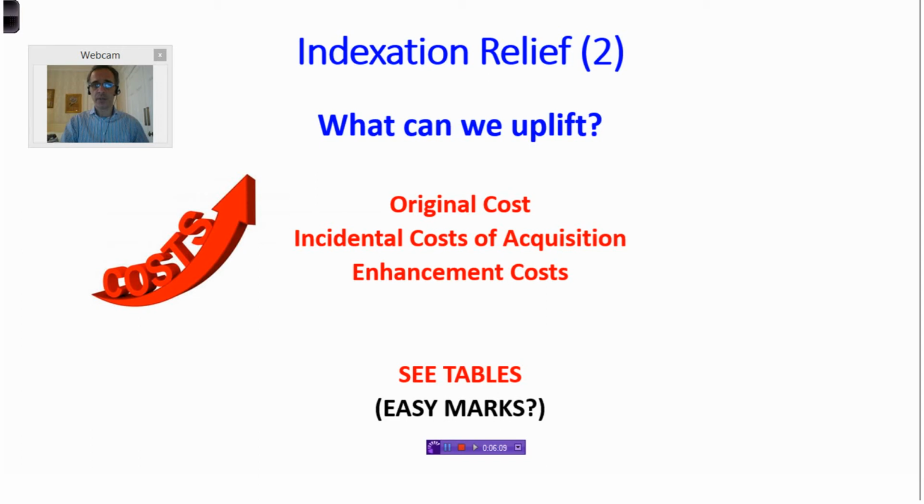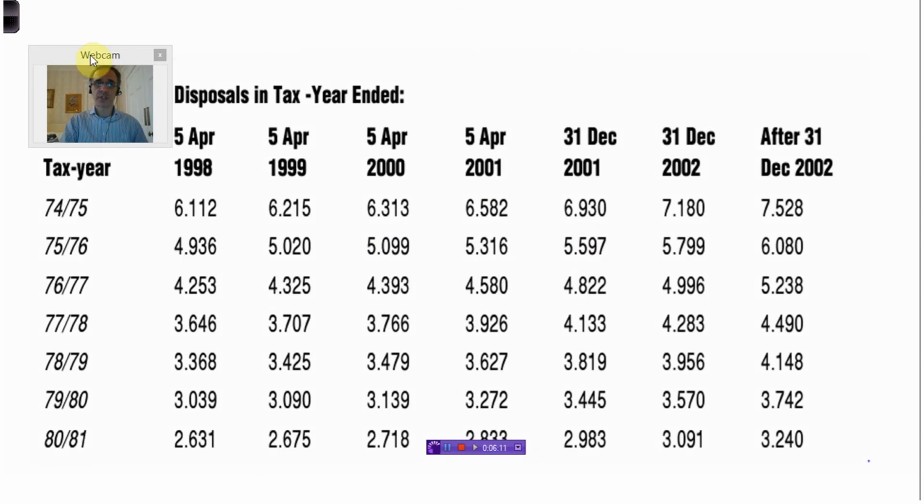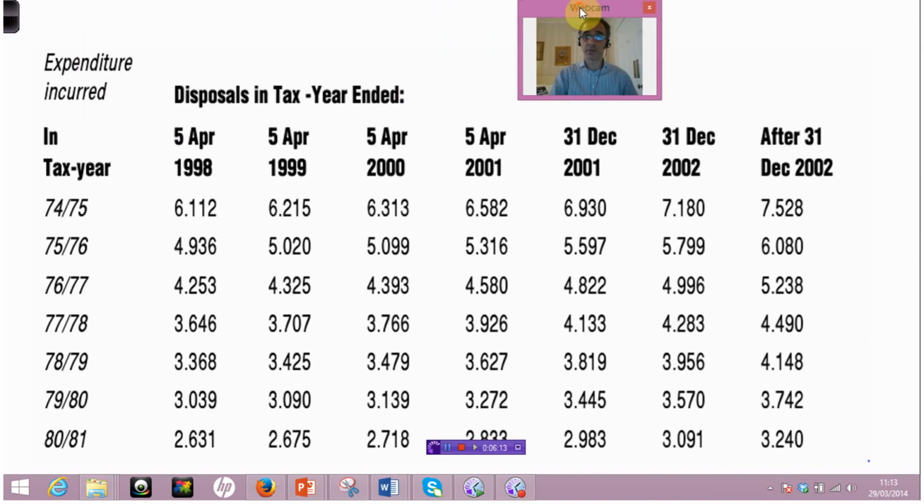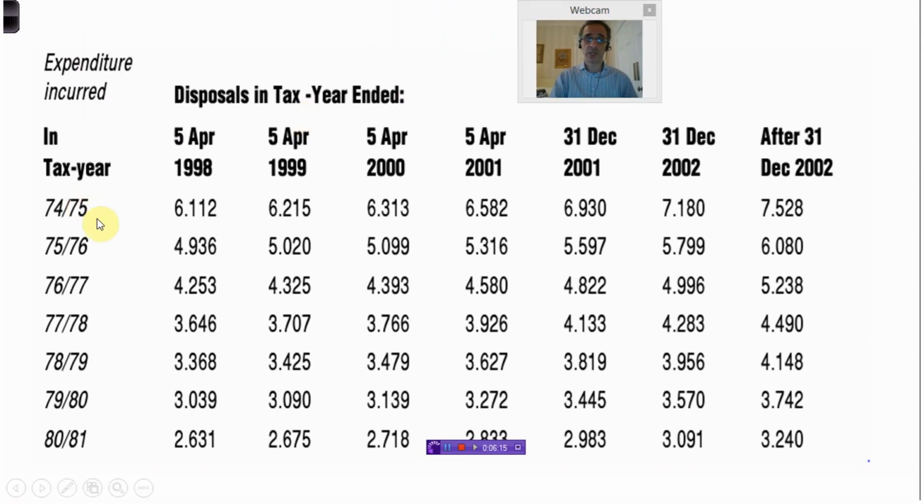Okay, so moving on from here, this is a cut and paste from your tables. You can see that you're given various multiple factors, and you simply have to take the correct one. I draw your attention to the actual correct acquisition date, and you'll see that historically we were working to 5th of April, the original tax year end in line with the UK. So watch out for where you're taking your figure from.